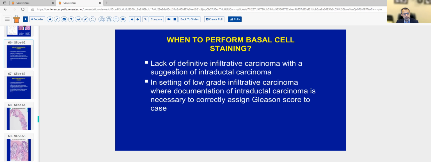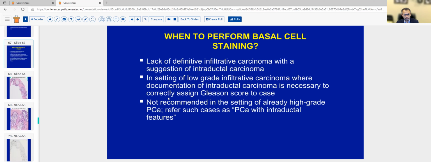But in two specific situations, I strongly recommend that you distinguish between the two and use basal cell staining: when you have a lack of definitive infiltrative carcinoma with a suggestion of intraductal carcinoma, and in the setting of low-grade infiltrative carcinoma, where documentation of intraductal carcinoma is necessary to correctly assign the Gleason score to the case. So let us review this type of example. It is not recommended in the setting of already high-grade prostate cancer. In those types of situations, you can refer to those cases as prostate cancer with intraductal features.